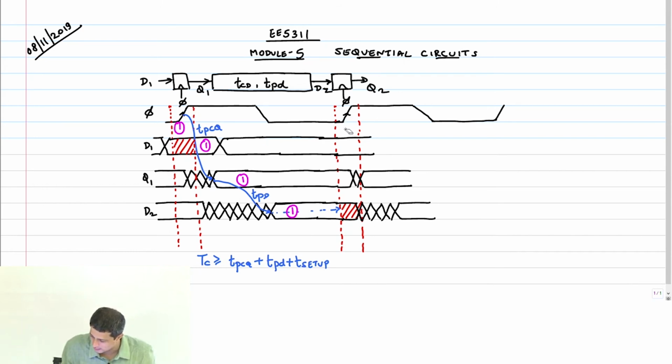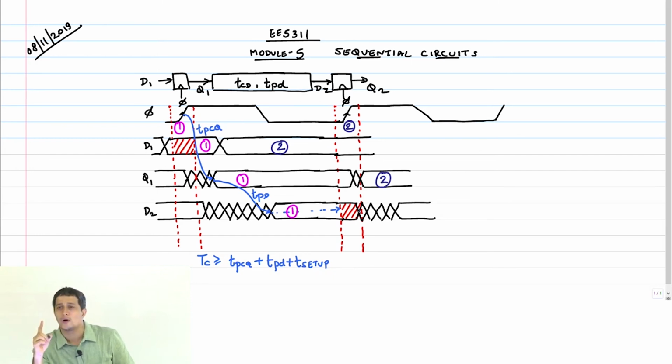I should use a different color. Maybe dark blue. Event 2. Right? So this has become event 2. Q1, this is event 2, okay? What has happened now in D2?